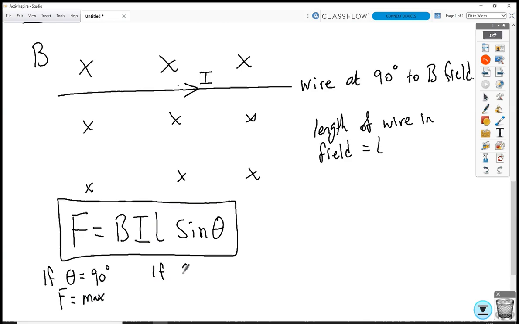And if theta equals 0 degrees, then F is 0. And then we'll define all of these terms. So F is the force measured in newtons. B is the magnetic flux density.